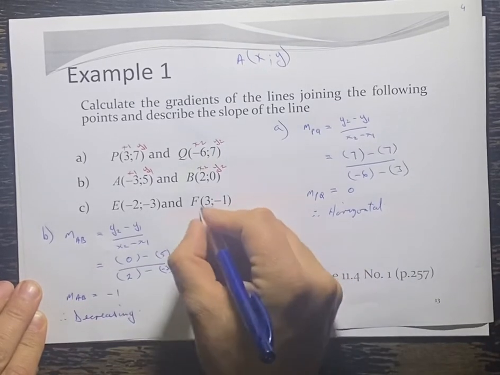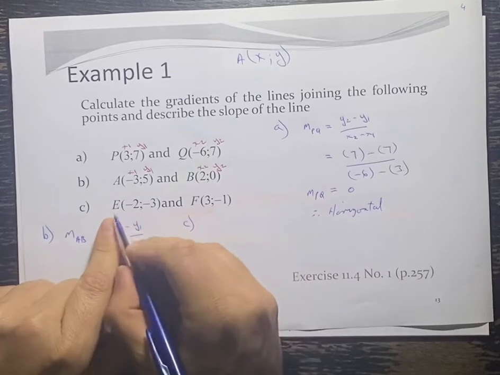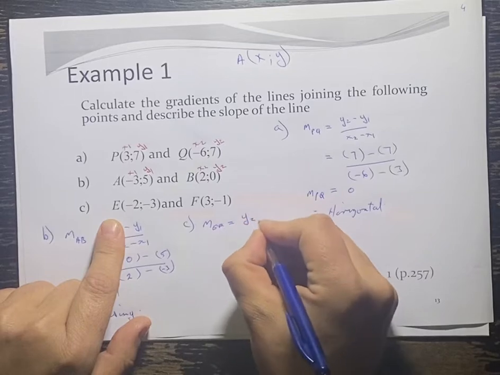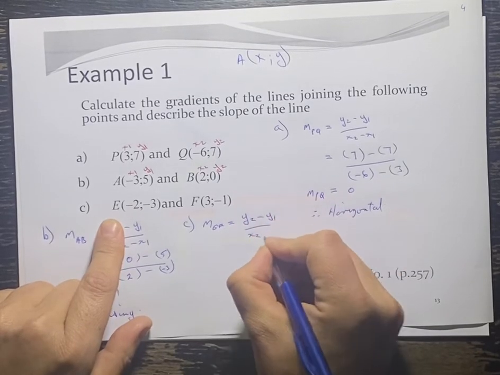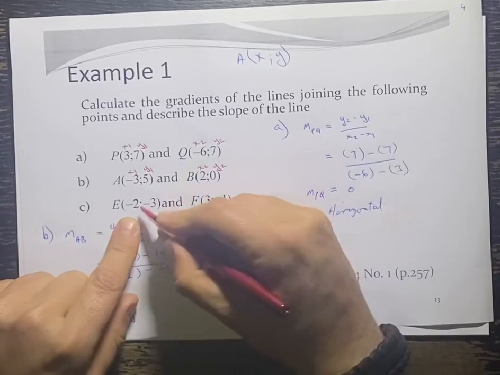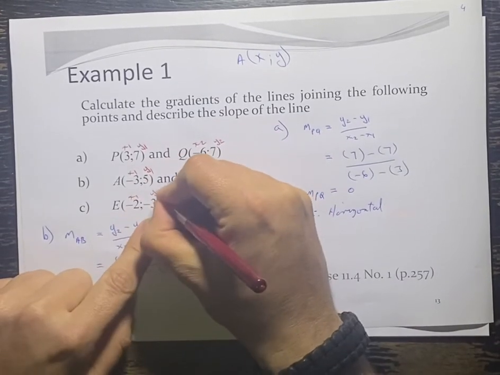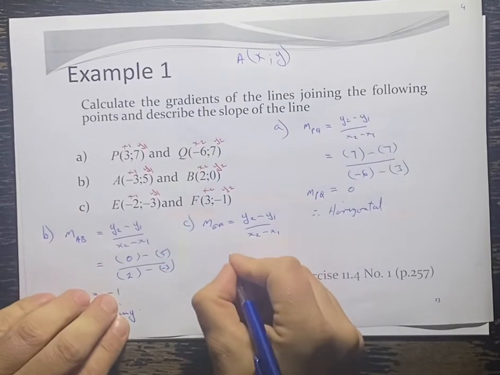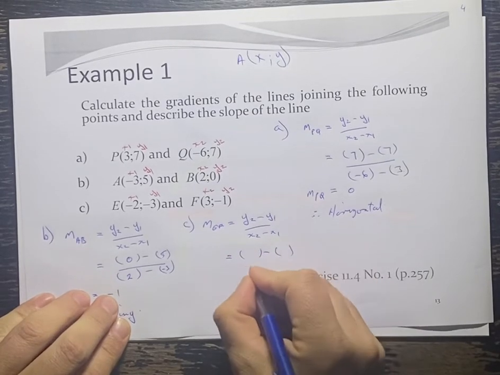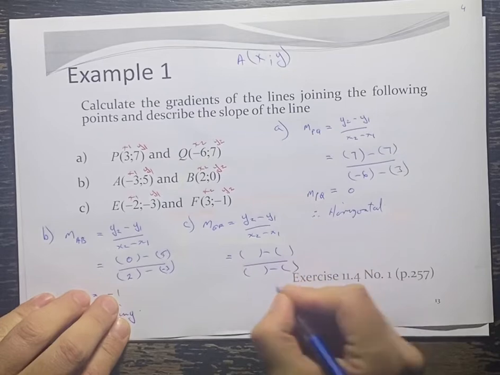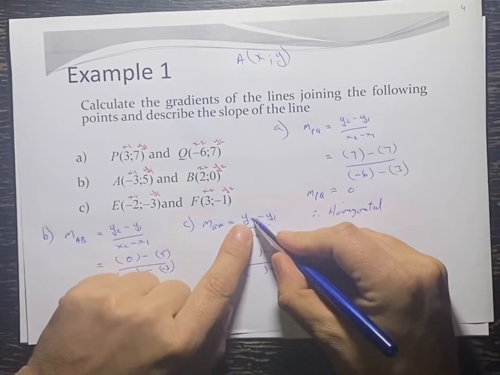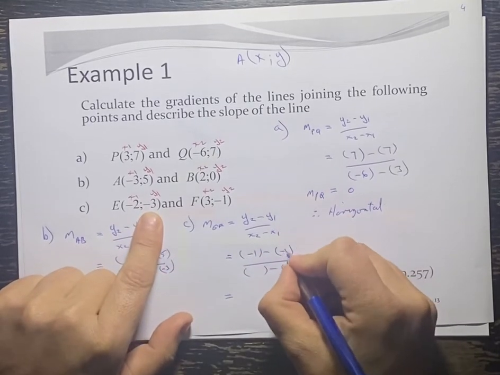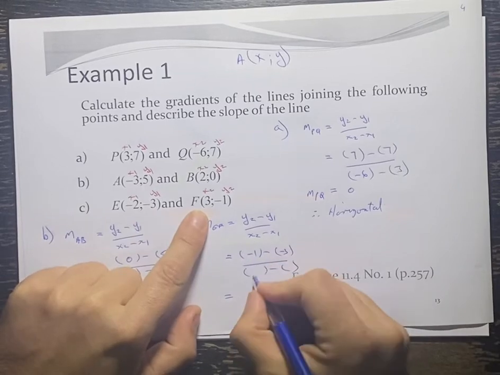If we have a look at example C, we're looking for the gradient of EF. That is y2 minus y1 over x2 minus x1. This is our first point, so this is x1, y1. Our second point, x2, y2. Our y2 value is minus 1. Our y1 value is minus 3. Then our x2 value is 3.